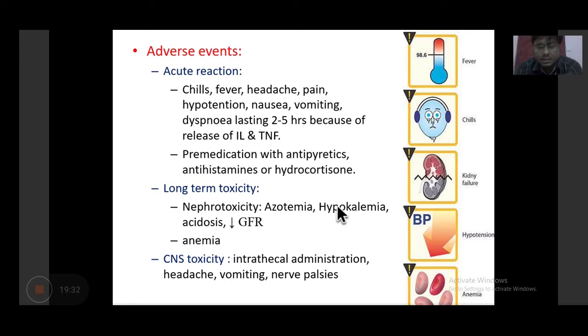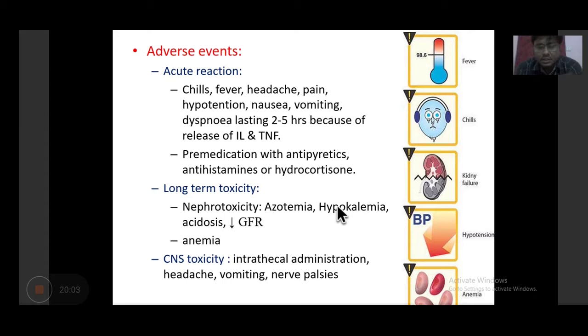This is a very acute reaction because of some inflammatory mediator release like interleukin and TNF. So it is recommended that whenever you are giving this drug parenterally, the patient should be pre-medicated with antipyretics, antihistaminics, and steroids to cope with this acute reaction. It is the proper precaution that should be taken before starting parenteral amphotericin.